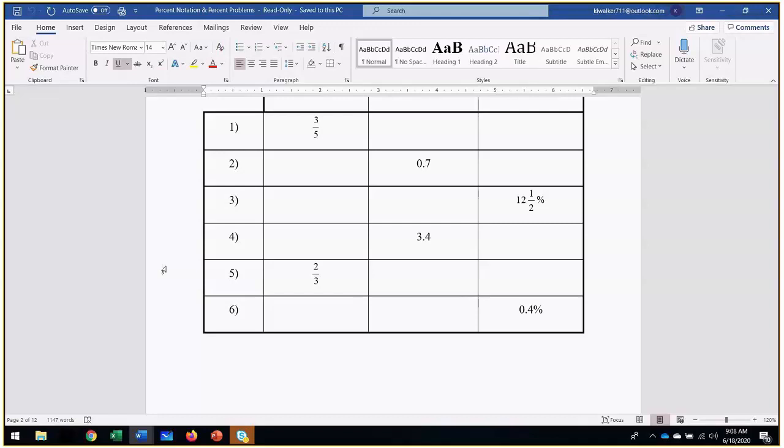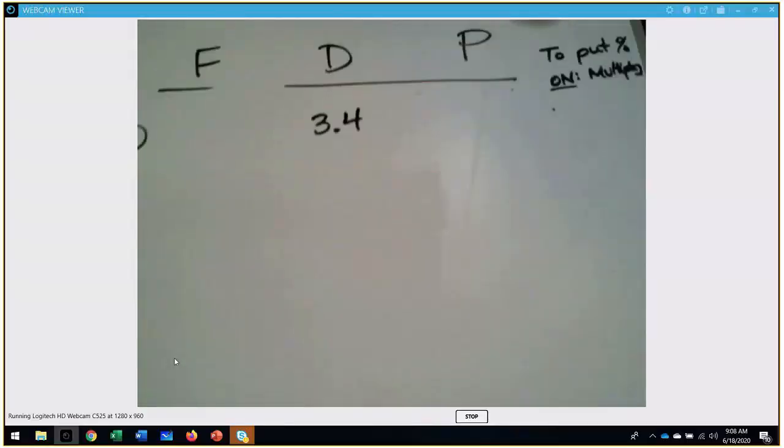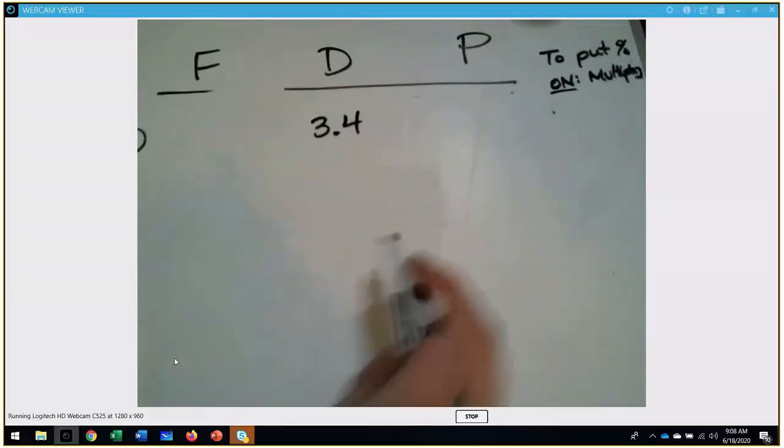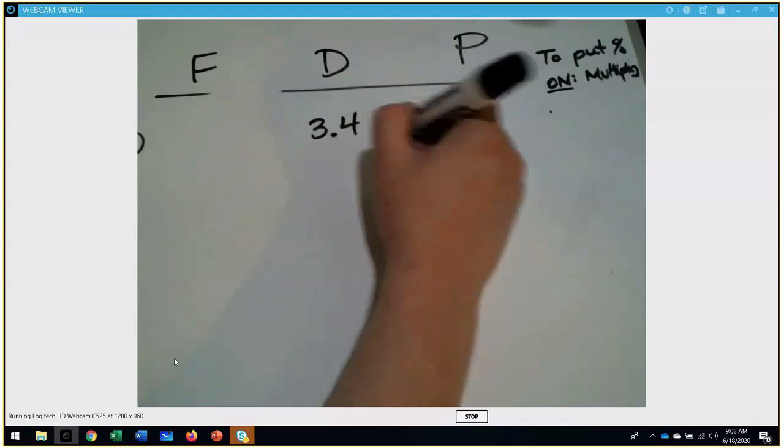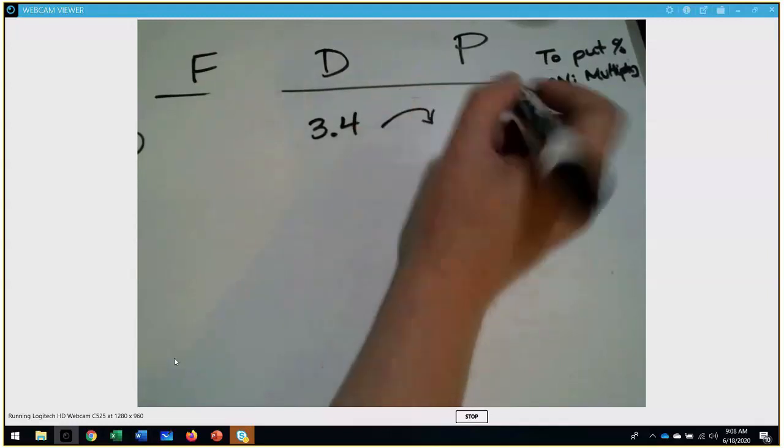Okay, so in 4, they're starting you off with 3.4. We can just go right to percent form because it's pretty easy.